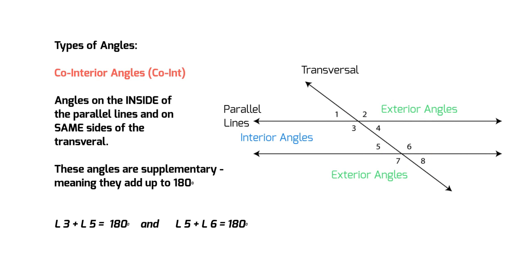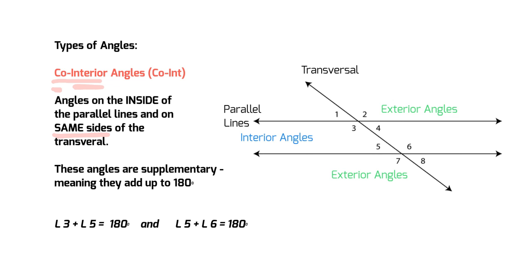The next angle relationship that we are going to talk about is co-interior angles. Again, the word interior means we're looking on the inside, and this prefix co means that they are on the same side of the transversal.